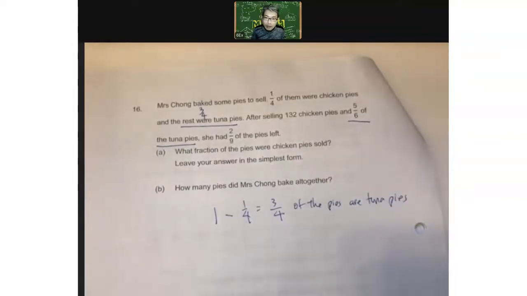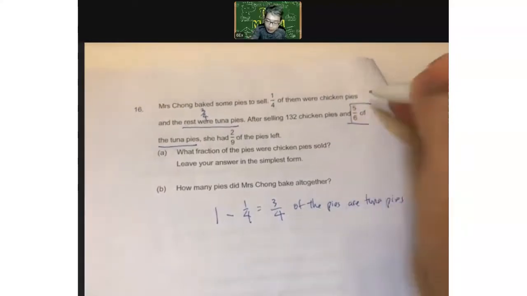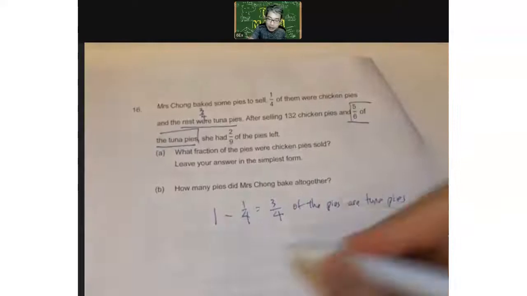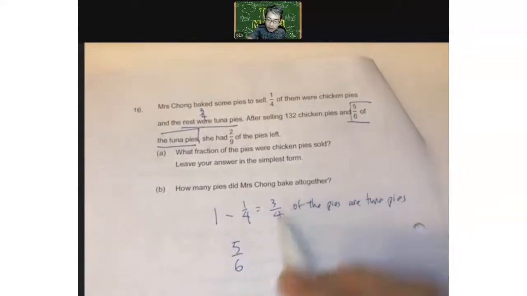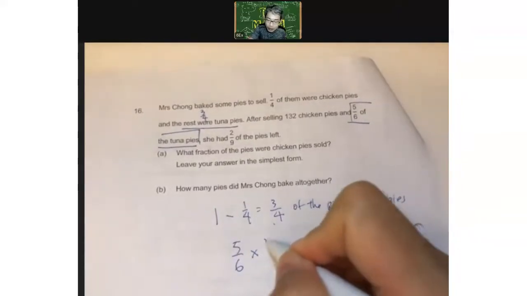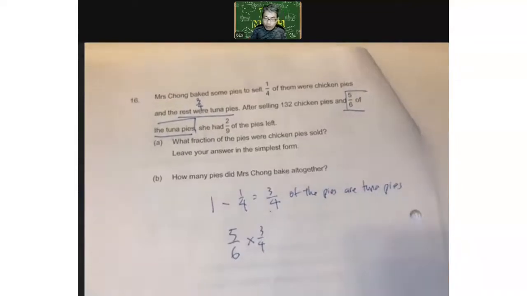After selling, we know that 5/6 of the tuna pies were sold. Very important language: 5/6 of the tuna pies were sold.